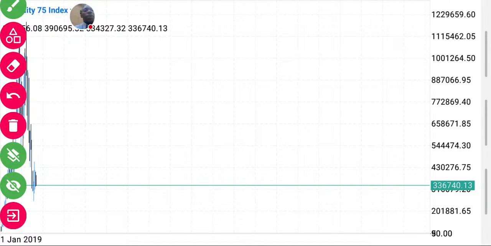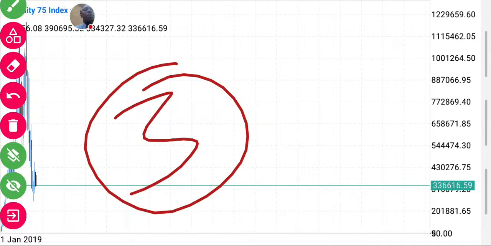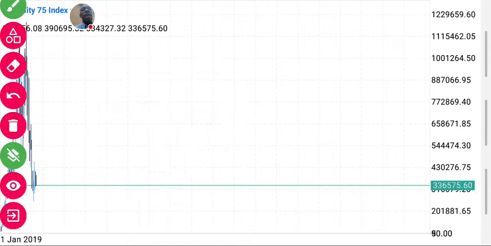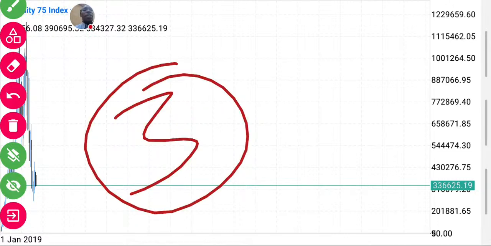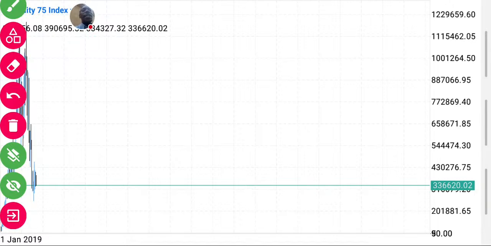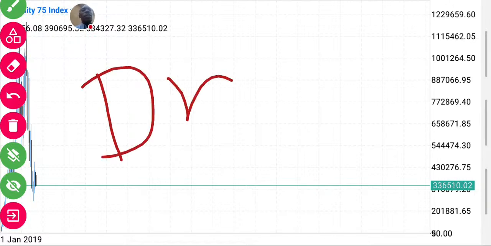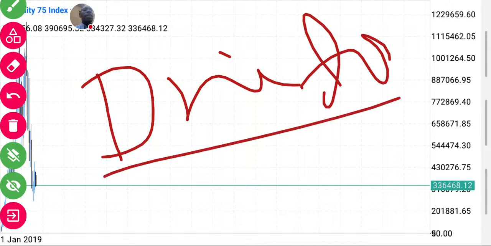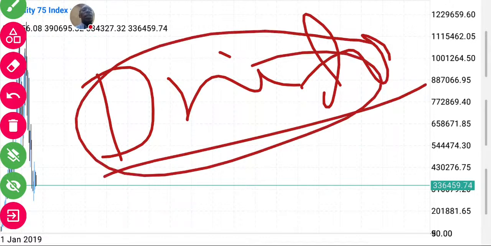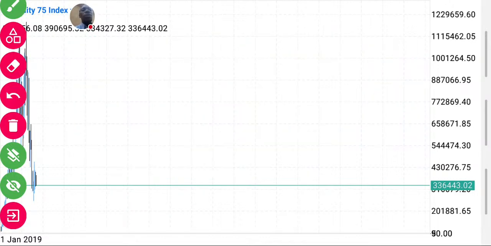Within this strategy, we need only three things that we have to implement always when we come to the chart. First, you need to understand the direction of the market, what we call the overall trend.